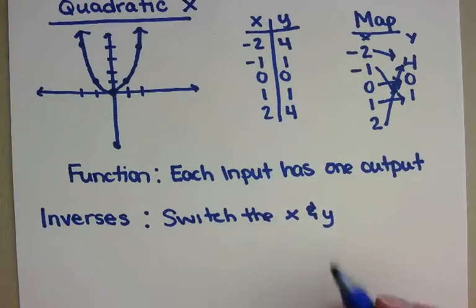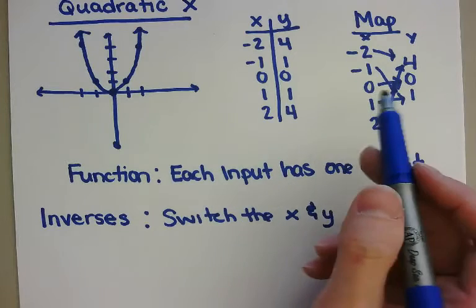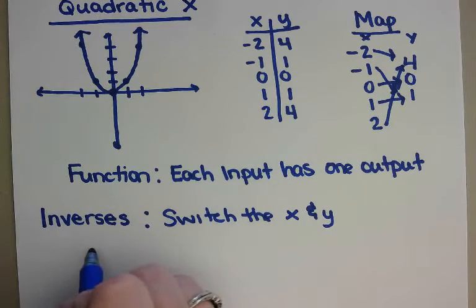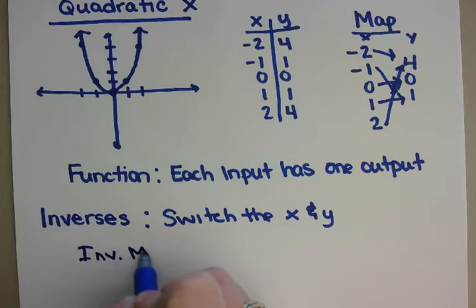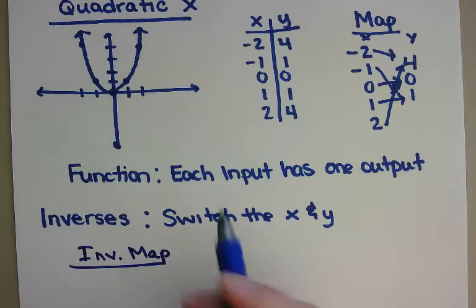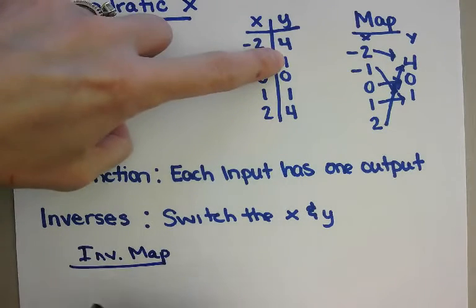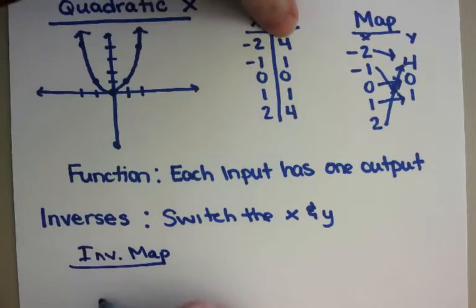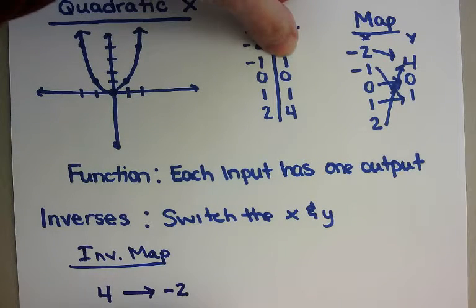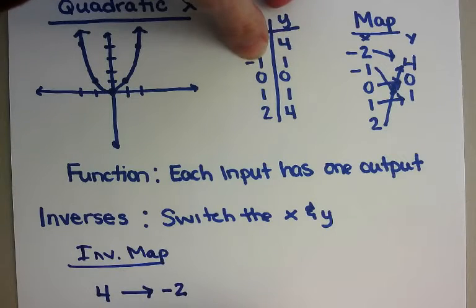So if I were to switch the x and the y, and I looked at the inverse map, okay, if I switch these, then I would have the 4 mapping to a -2. I would have the 1 mapping to the -1.